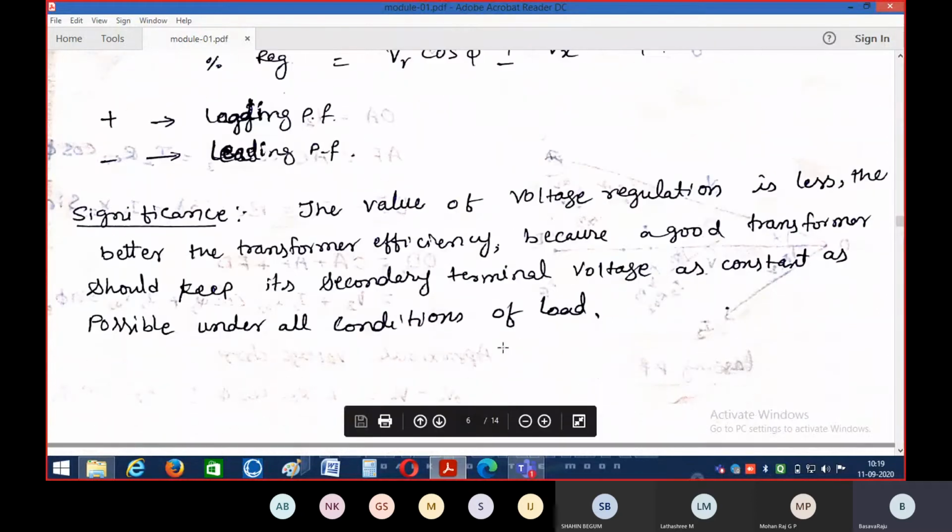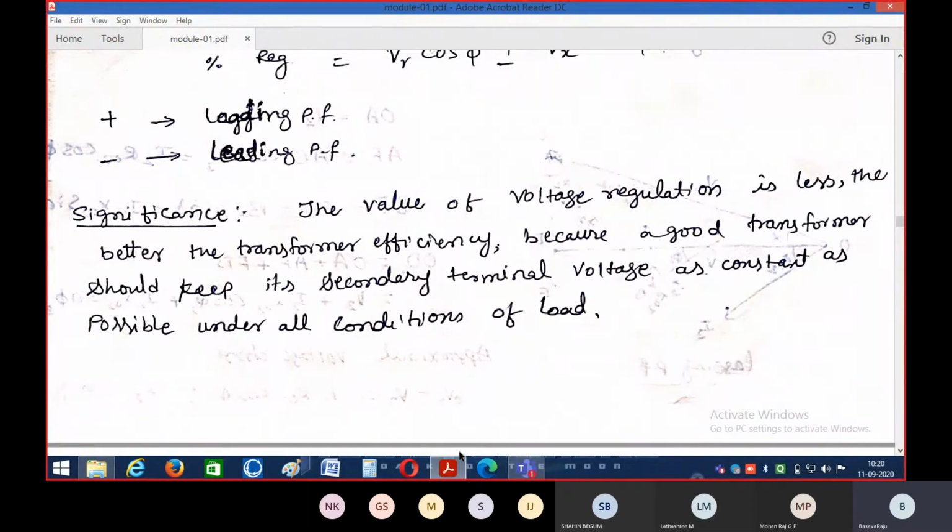Okay. What is the significance of the voltage regulation? The value of voltage regulation we always want to be less for better operation of the transformer. The lower it is, the better the operation of the transformer. So we always want the regulation to be as minimum as possible.